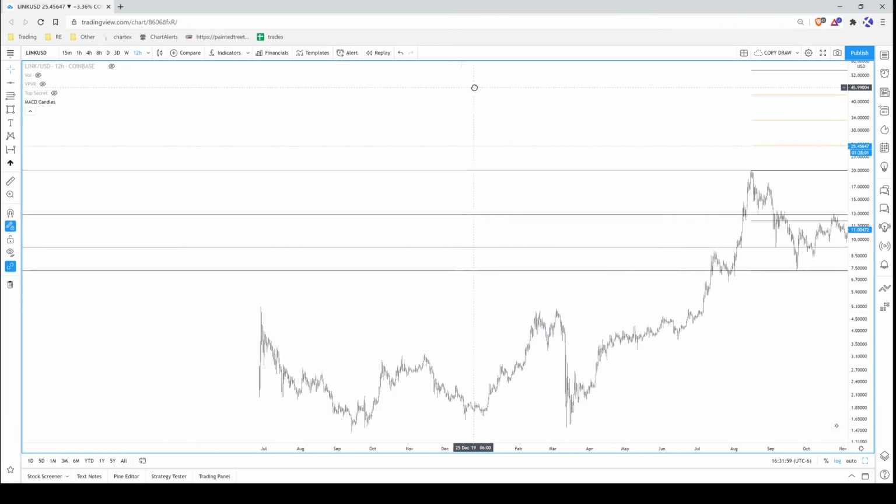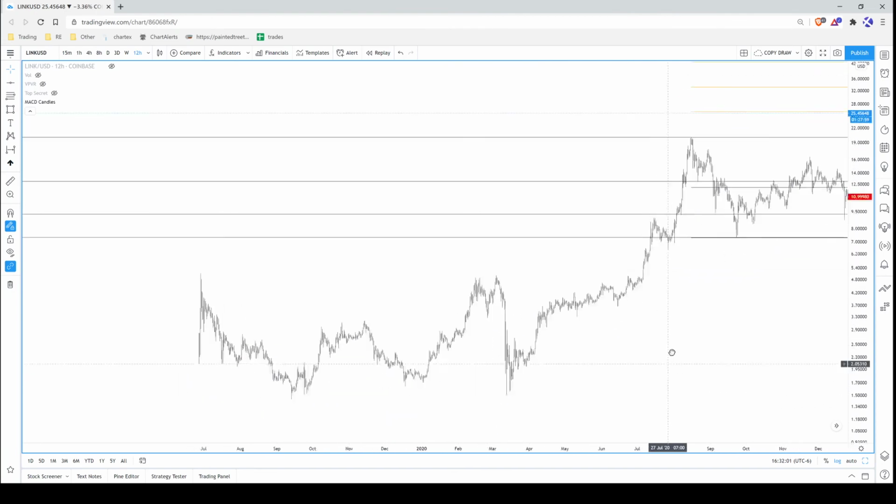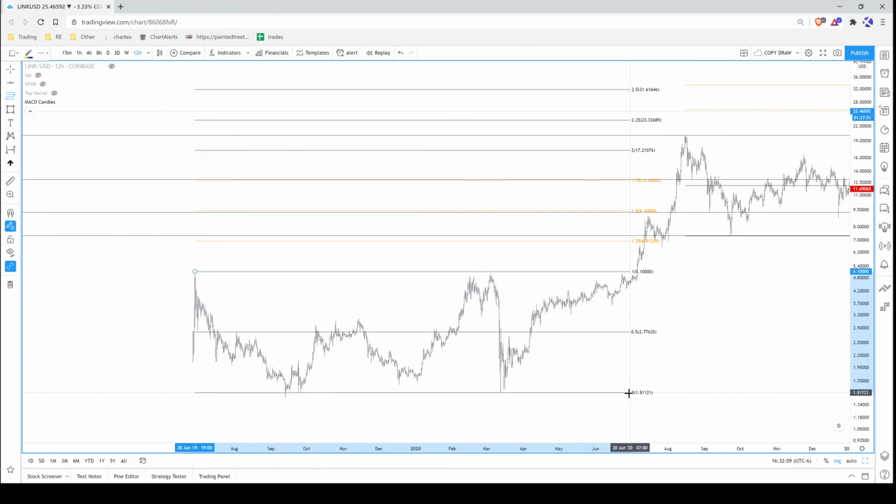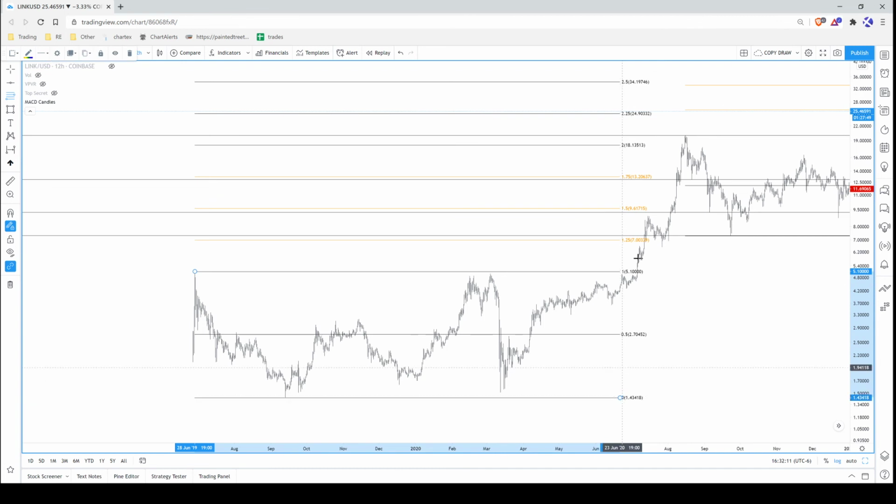This pattern's not new. We had this range here. In fact, let's measure it. 2x extension. Nearly 2.25. We just barely missed. I actually think if we measured it somewhere else, we could probably get a little closer.